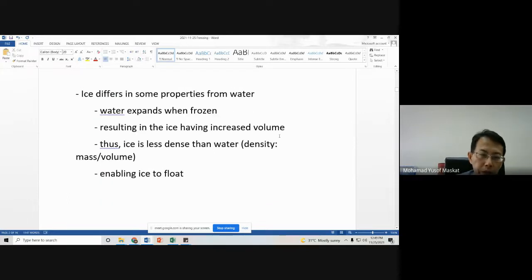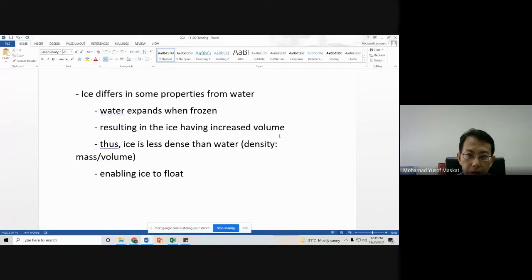Okay, let's look at the properties of ice. In freezing, the water will be in a solid form, that is ice. So this is one of the anomalous properties of water, because when it freezes, the properties change.